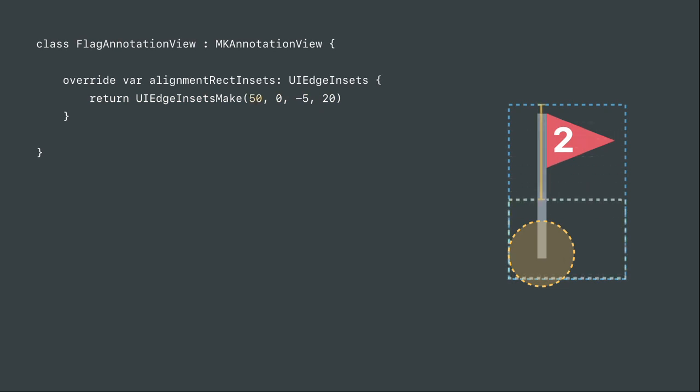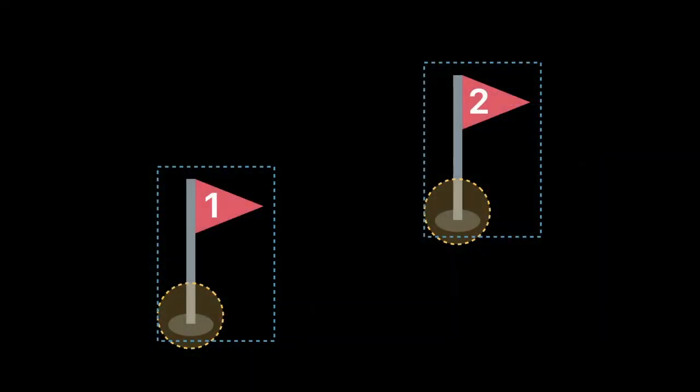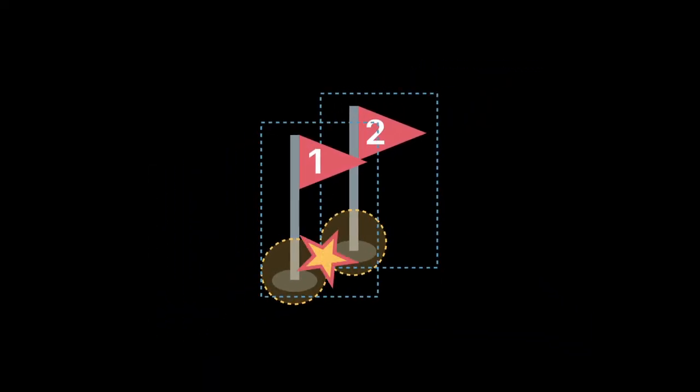For the top, we can set it to 50 points, and we move the collision area down. The left edge, 0. We don't need to change it at all. The bottom edge, we move out by -5 because we want an outset, not an inset. And then we do the right edge as well. And what we have is that little circle in the bottom left, outset by 5 points, just as we wanted. And when we now collide them, it looks very visually pleasing.